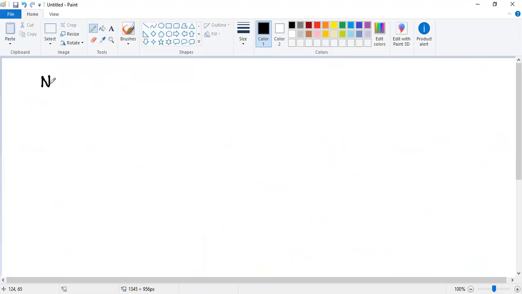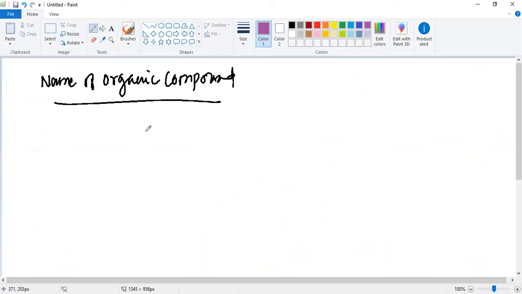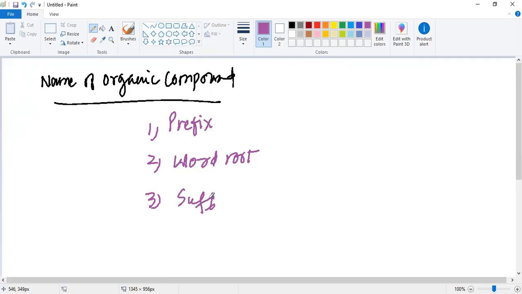The name of an organic compound has three different parts: 1, 2, and 3. The first part is known as a prefix. The second part is word root. And the third part is the suffix.